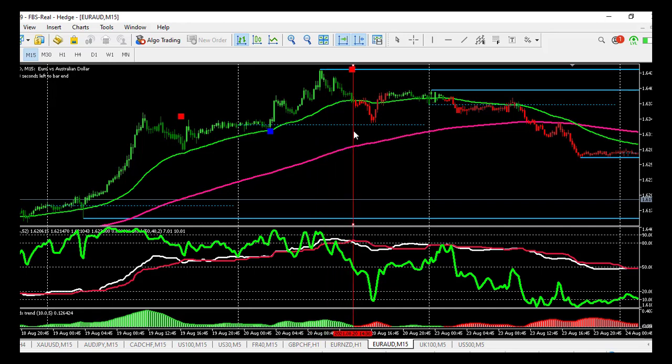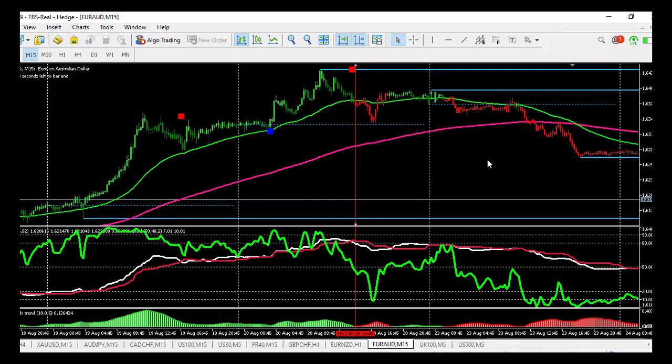It closed below the 50 MA, ADS turned to red, and we have this PTL indicator giving us a sell signal. So at this point, we place our trade for sell, and the stop loss is going to be above the previous high of the day. This was the previous high.